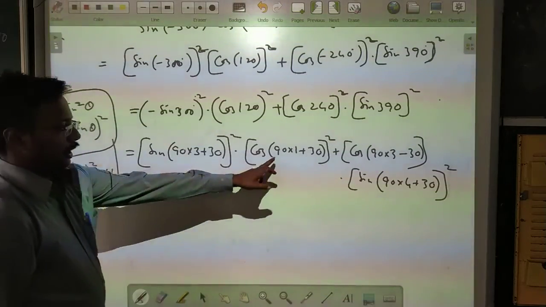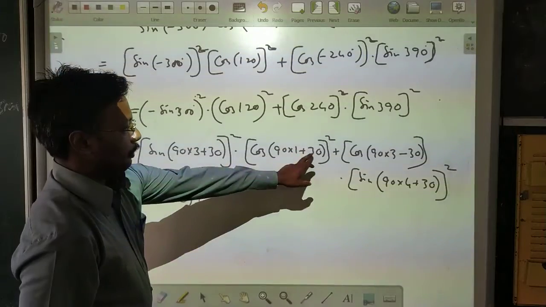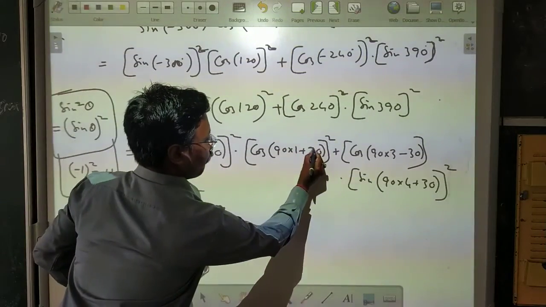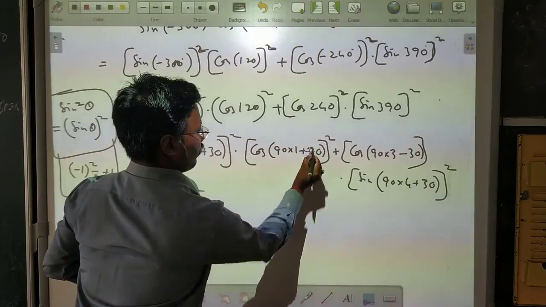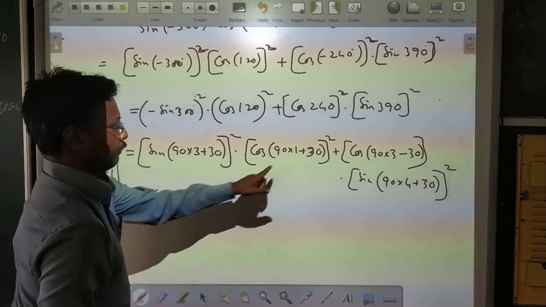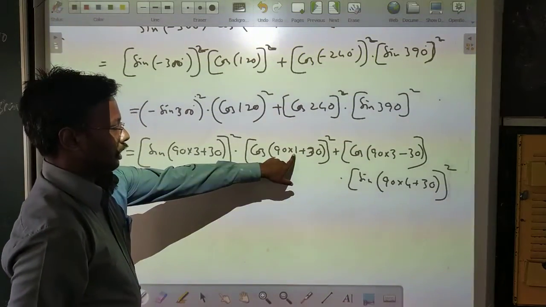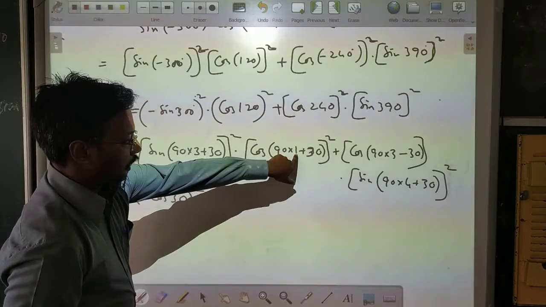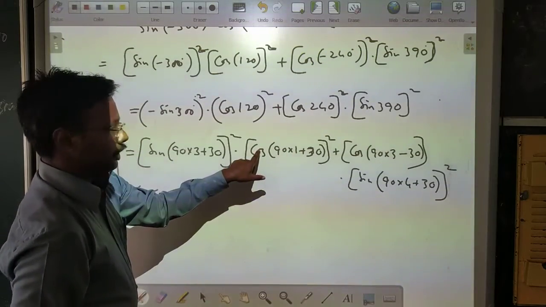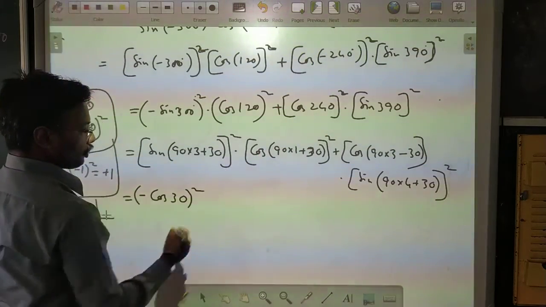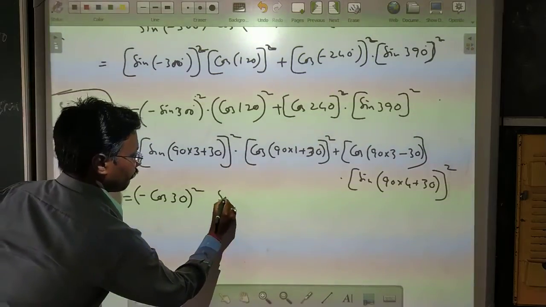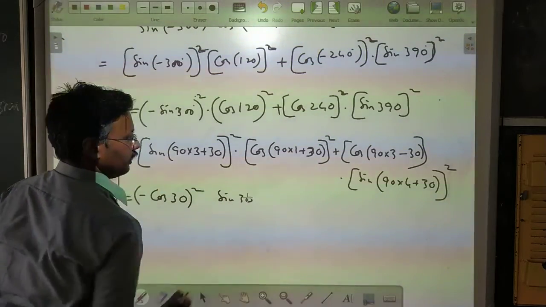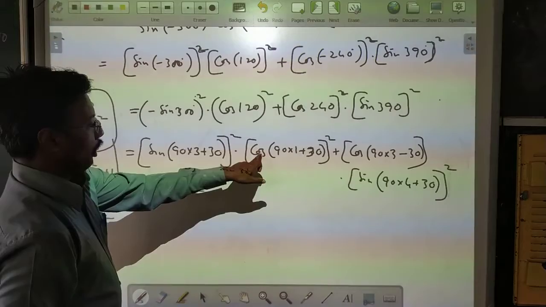Next, cos 90 into 1 plus 30. So it is coming in the second quadrant, and also the value of n is odd. We need to change this trigonometric ratio. Cos changes into sine. So we get sine 30, and what about the sign?